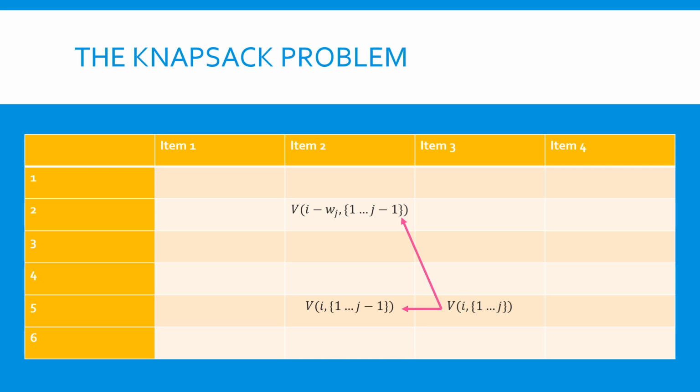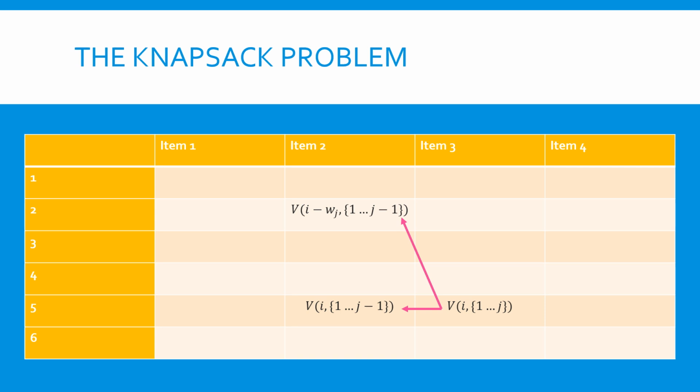According to the recursion function, we know that the subproblem V(i, 1 through j) depends on its left subproblem V(i, 1 through j minus 1) and its top left subproblem V(i minus wj, 1 through j minus 1).